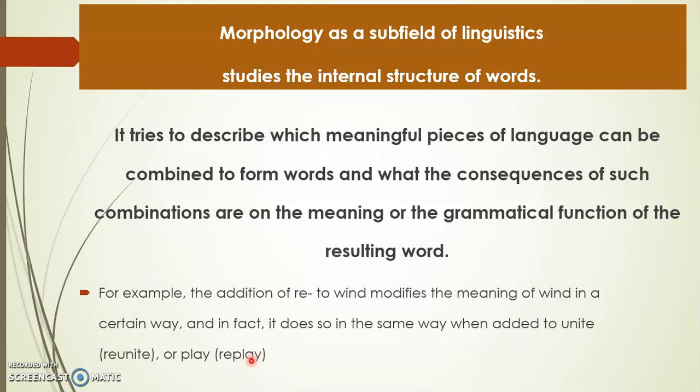So by combining different pieces, I can change the meaning of the word or the grammatical function of that word. If I add er to wind, it modifies the meaning of wind in a certain way, and in fact it does not work the same way when added to unite, reunite, or play, replay.